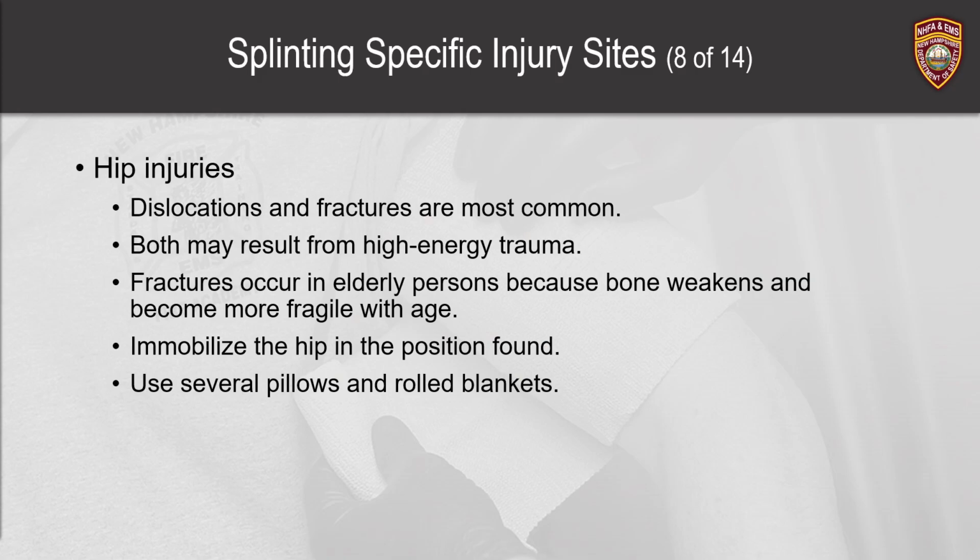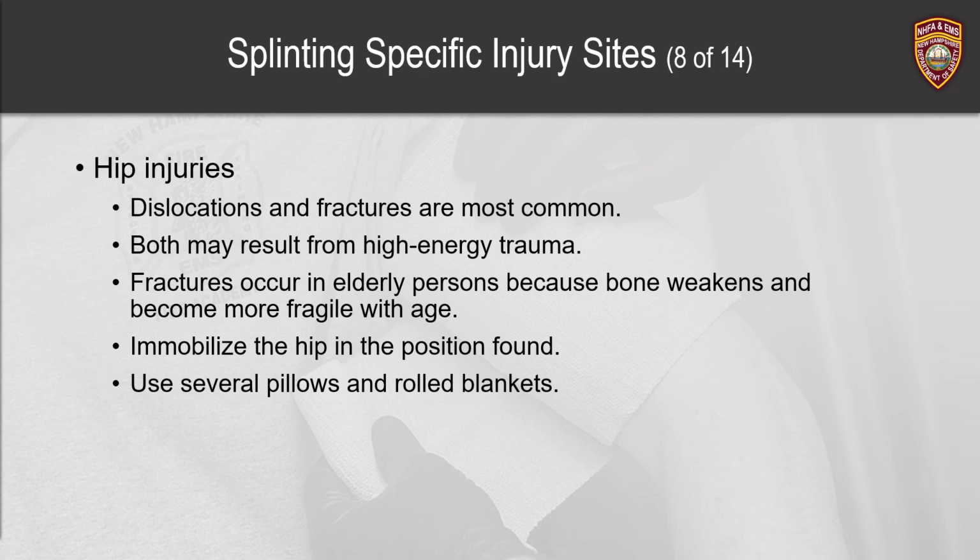So in general, hip injuries, again, they're either fractured or they're dislocated. Both injuries can result from high energy impact or trauma, either direct or indirect impact. Hip fractures occur at the upper end of the femur rather than in the hip joint itself, because again, you can't fracture a joint. So either your pelvis is fractured or your femur is fractured.